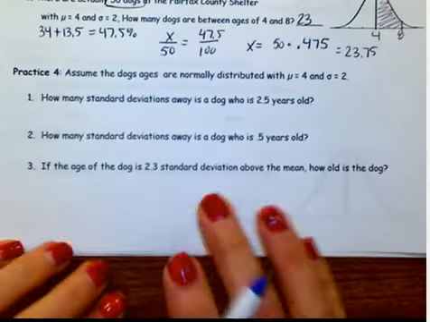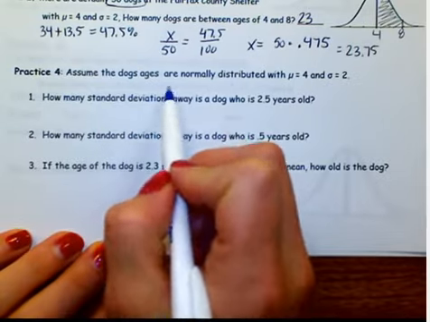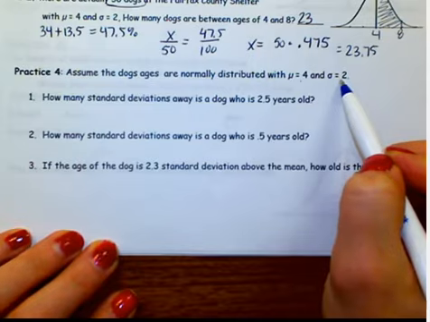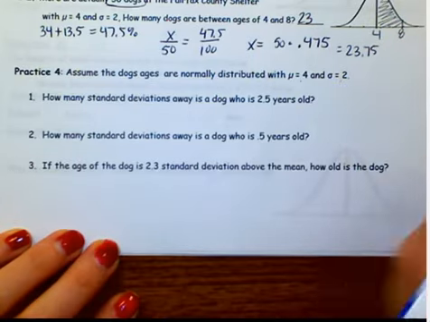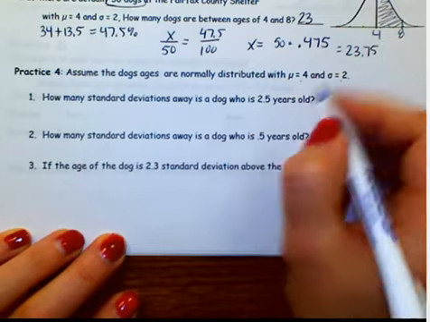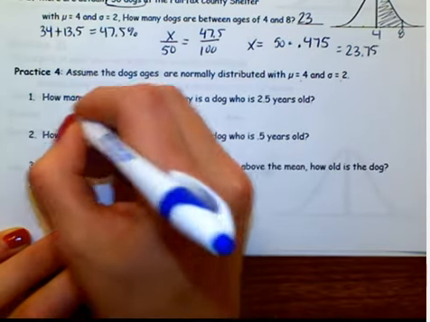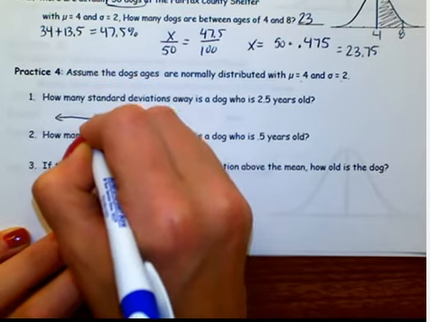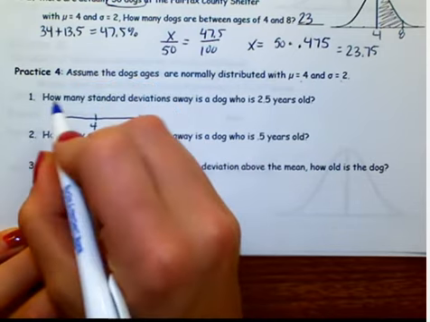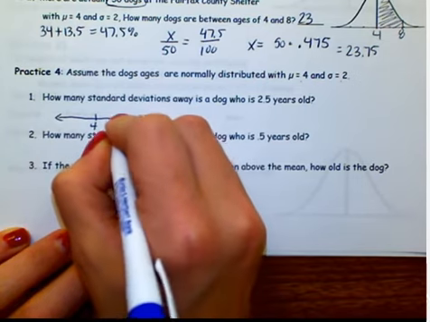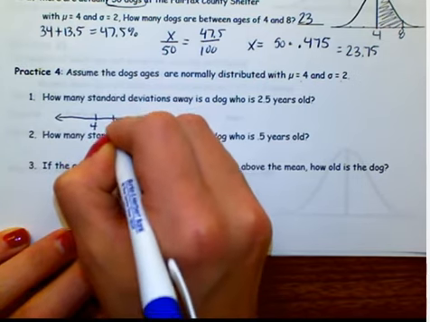Okay, next type. Assume the dogs' ages are normally distributed. Okay, mean 4, standard deviation 2. How many standard deviations away is a dog who is 2.5 years old? I'm going to set this up in a number line format for a visual. So my mean is 4 and my standard deviation is 2.